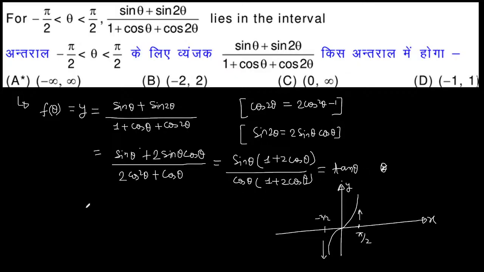So the range of tan theta in minus pi by 2 to pi by 2 is minus infinity to infinity. Got it? I think we got it.